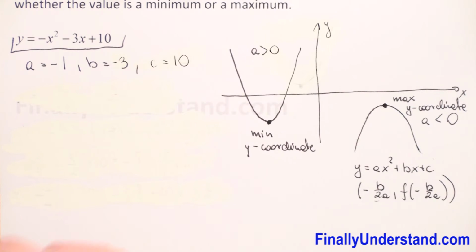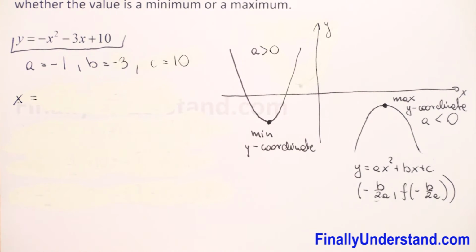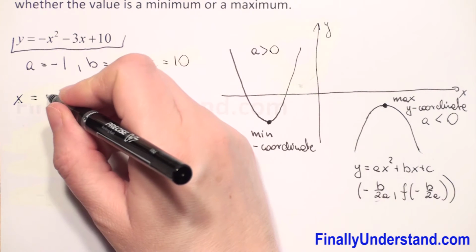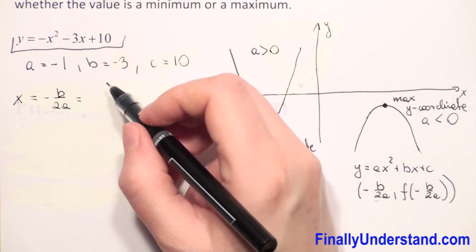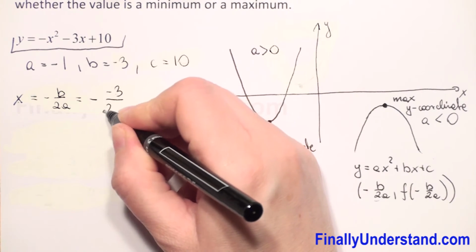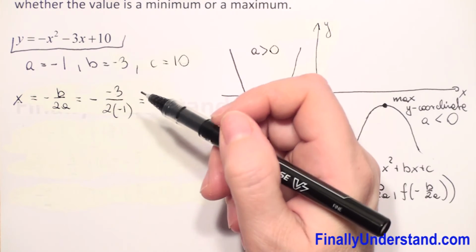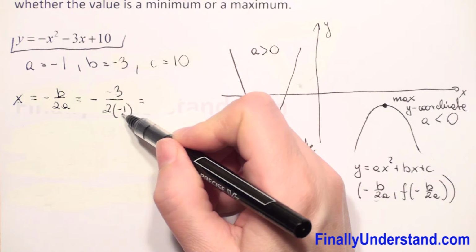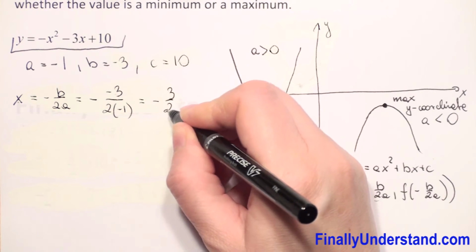So first we need to find x, the first coordinate of the vertex, which is equal to -b over 2a. So this is equal to, negative sign we copy, b is -3, over 2 times -1. Negative and negative give me positive, and we have one more negative, so it will be -3 over 2.